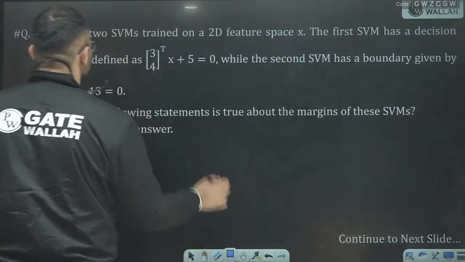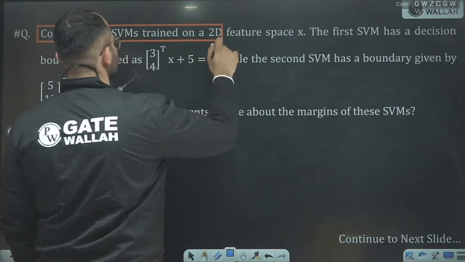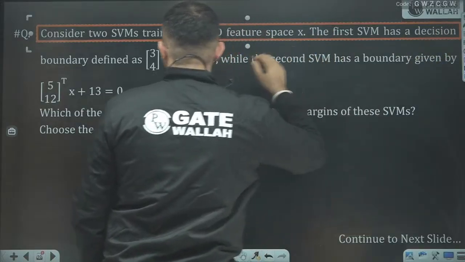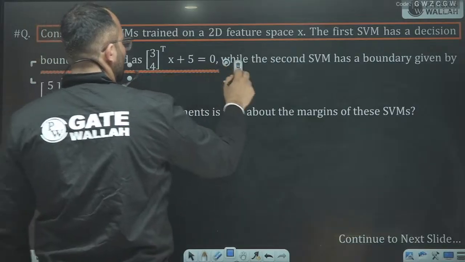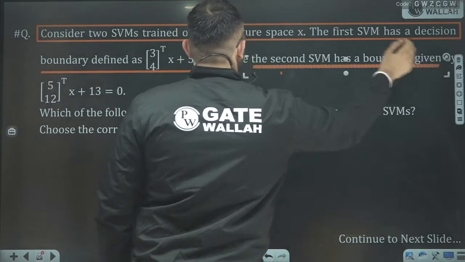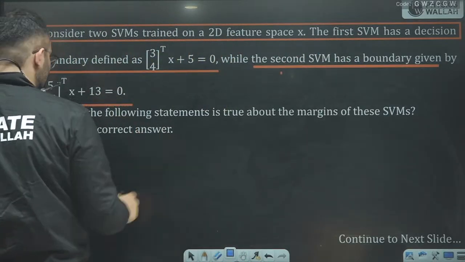Next. Consider two support vector machines trained on the 2D feature space. The first SVM has this decision boundary, while the second SVM has a decision boundary given by this. Which of the following statements is true?